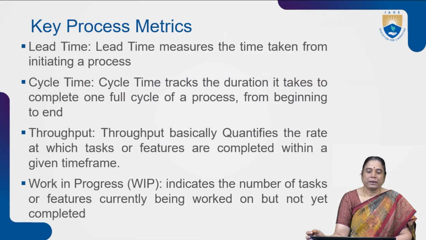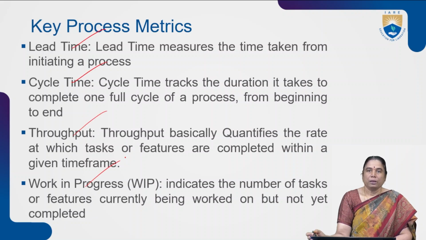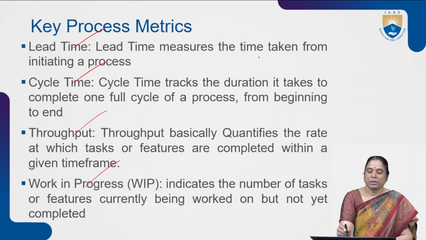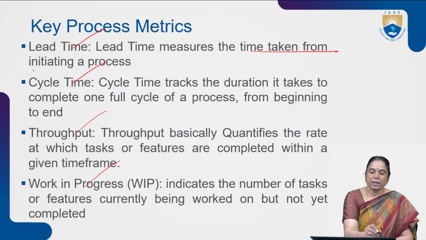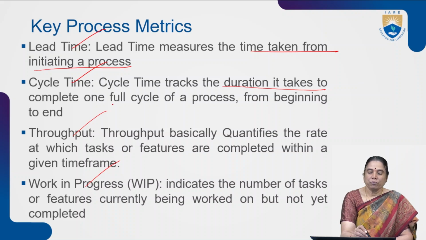Key process metrics are lead time, cycle time, throughput, and work in progress. The lead time is the time taken from initiating a process. Cycle time tracks the duration it takes to complete one full cycle of a process from beginning to end.